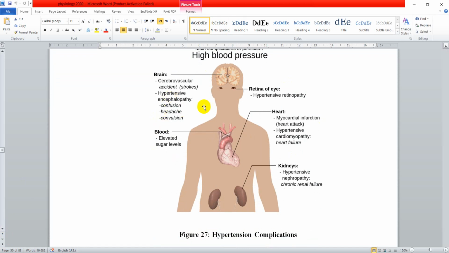Not all these symptoms may occur if the person is hypertensive, but there are degrees of hypertension. There may be defects in the brain, and occurs in the blood sugar, either hypertensive combined by retina, defect in the retina of the eye, so be hypertensive either of the heart and the kidney. All these organs may be affected if the person is hypertensive and with degree of hypertension stage.